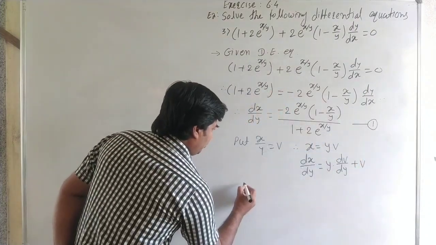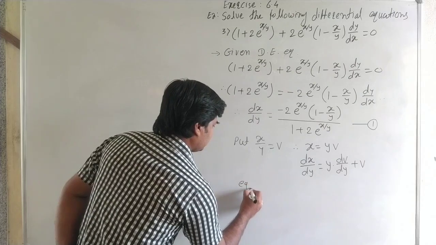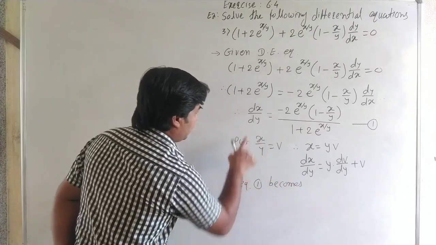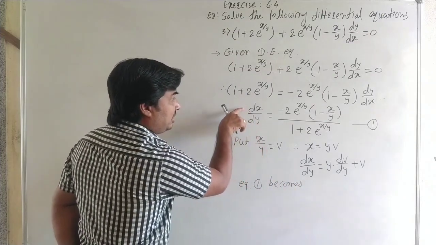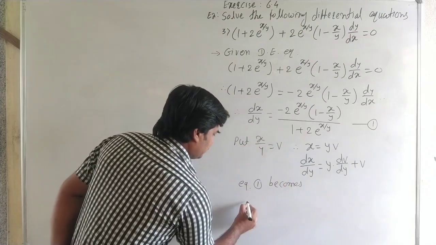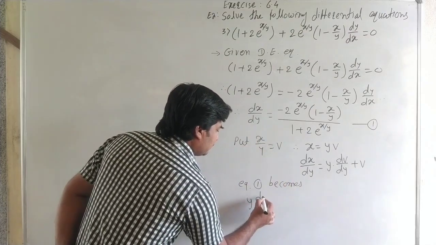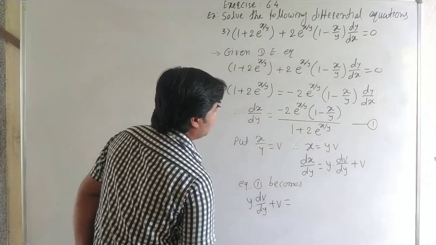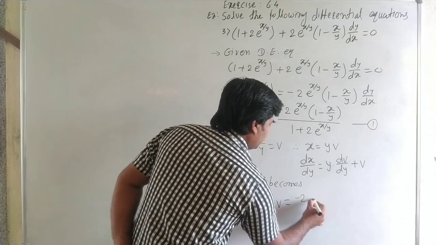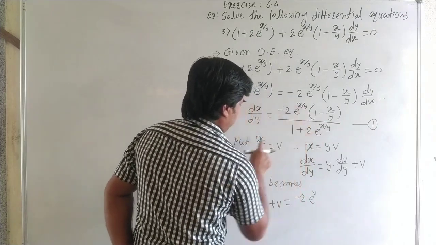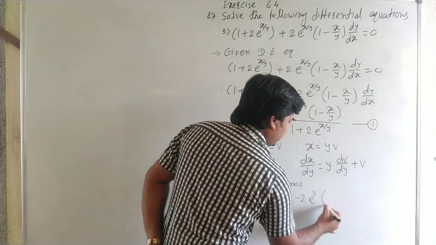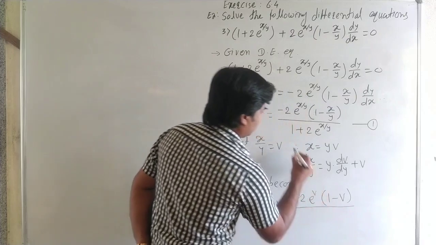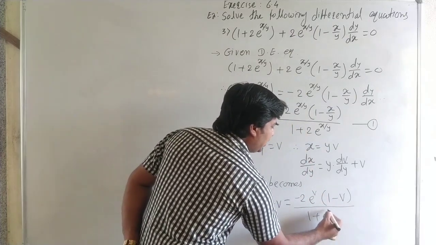Now equation 1 becomes, here it is dy by dx, sorry, dx by dy, y dv by dy plus v is equal to minus 2 e raised to v, x by y is equal to v, into 1 minus v upon 1 plus e raised to v.